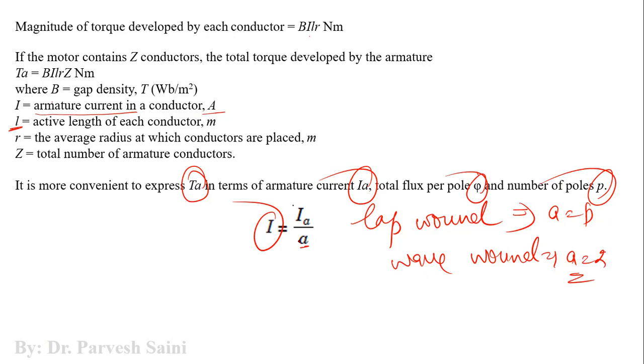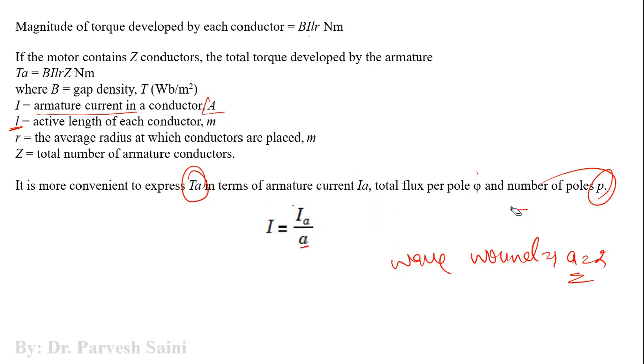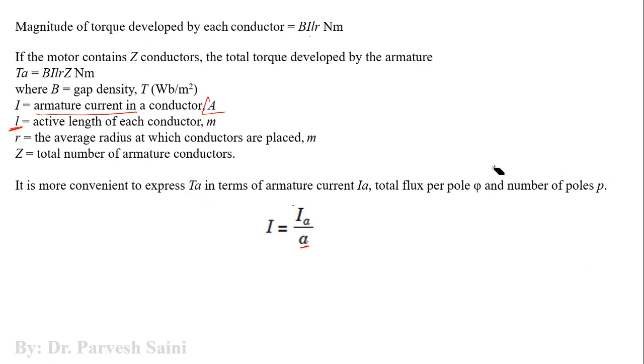So per parallel path, I is equal to I_A, the armature current in the conductor per parallel path. We may have either P parallel paths or two parallel paths in a DC machine.